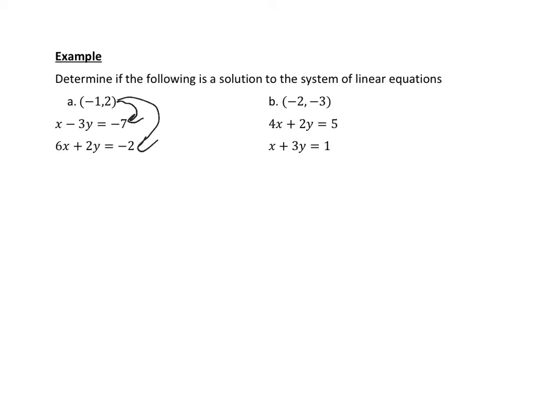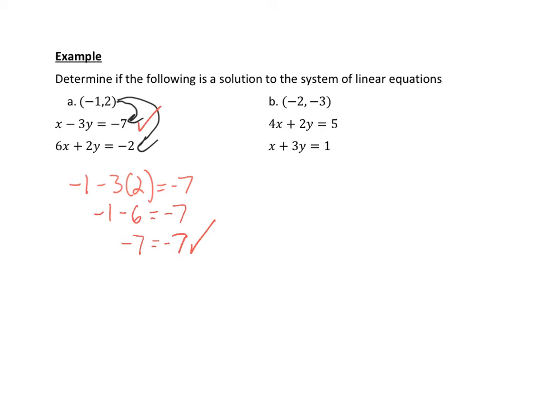Let's plug it into the first equation. x is negative 1, so negative 1 minus 3 times y, which is 2, should give me negative 7. Negative 1 minus 6 should be negative 7, and indeed negative 7 equals negative 7. That one's good, so the first equation is true.